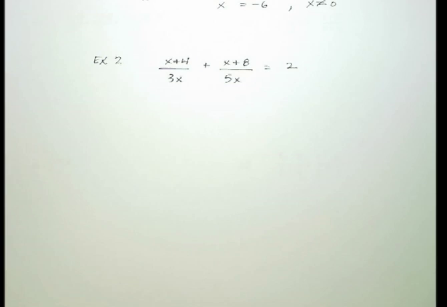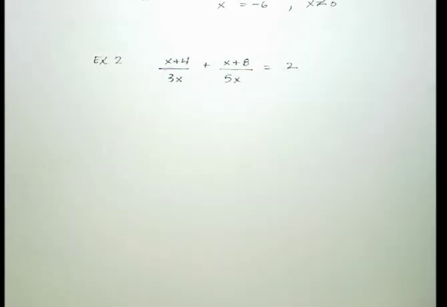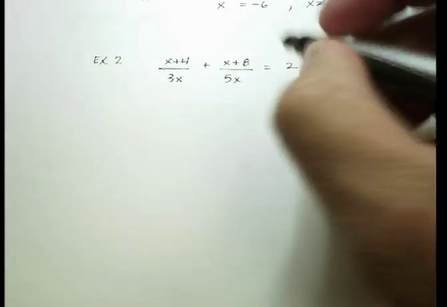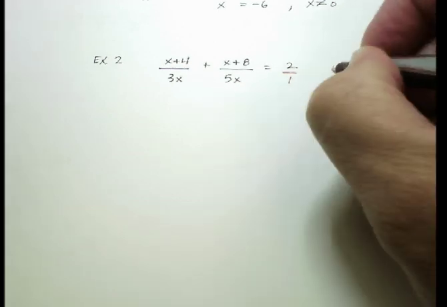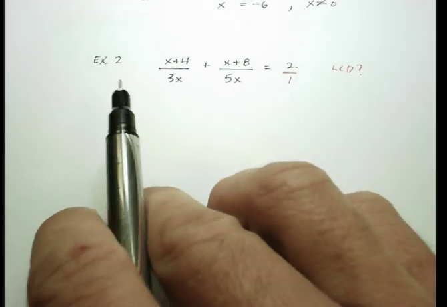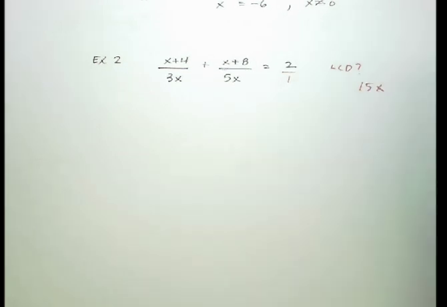I want to try and add these two and make them equal to 2. But I can't do anything because the bases are all different. And remember that the whole number has a base of 1. So what is going to be the lowest common denominator for all 3 of these terms? And if you said 15x, you would be correct.